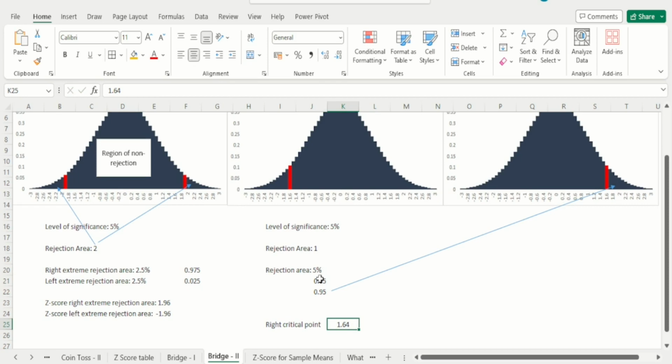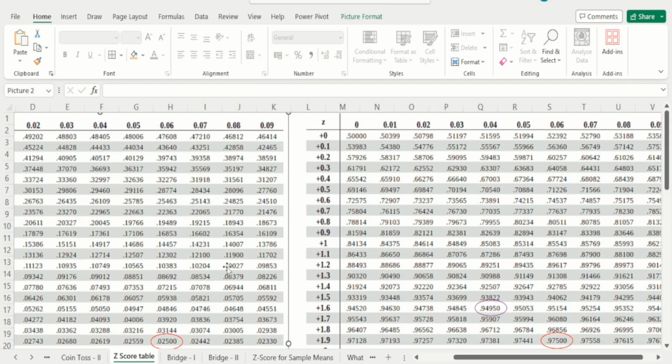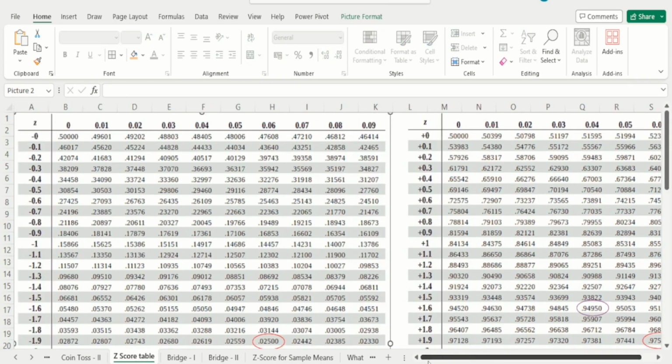And then what about the left? For the left, it's 0.05. If we go back to the z-score table and look for 0.05, as you can see, the 0.05 is at the intersection of 1.64 with a negative sign.